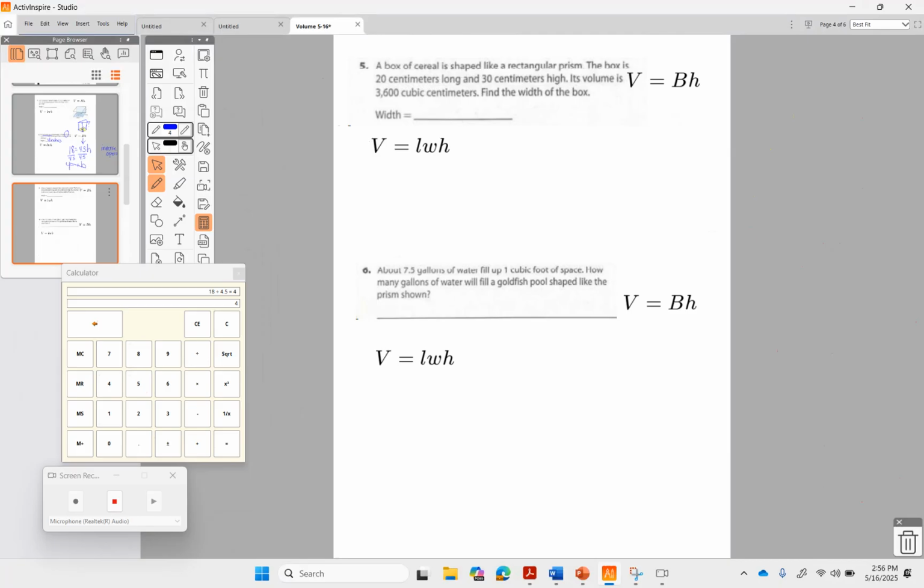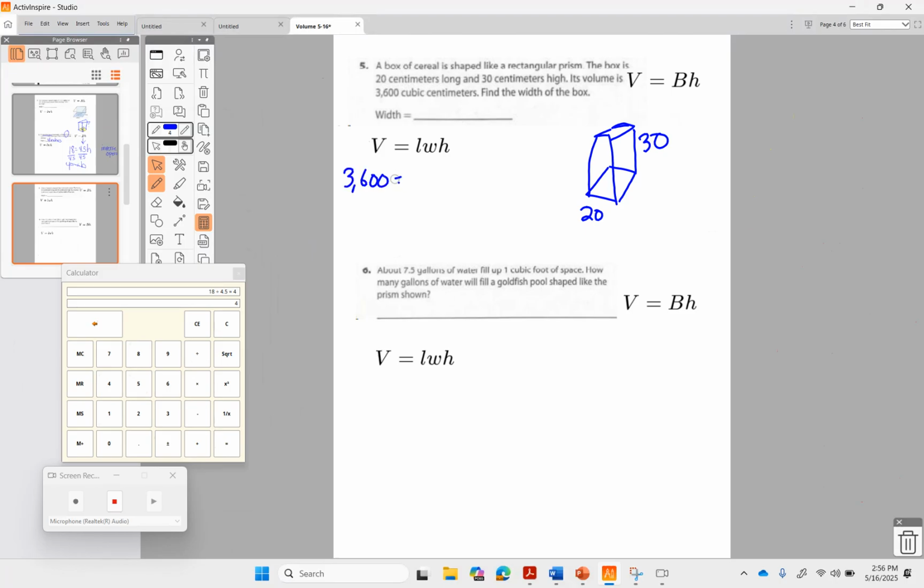A box of cereal is shaped like a rectangular prism. The box is 20 centimeters long. Draw a little box here. It's 20 centimeters long. And it's 30 centimeters high. And the total volume is 1,600.